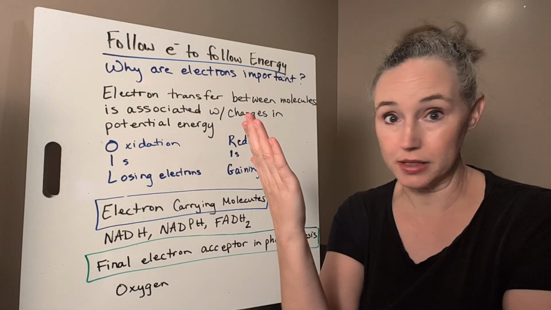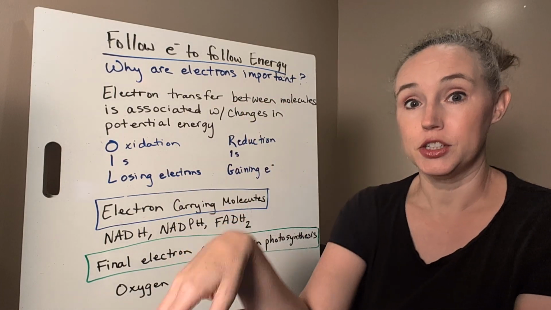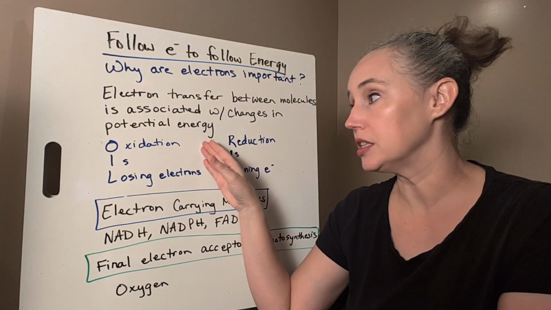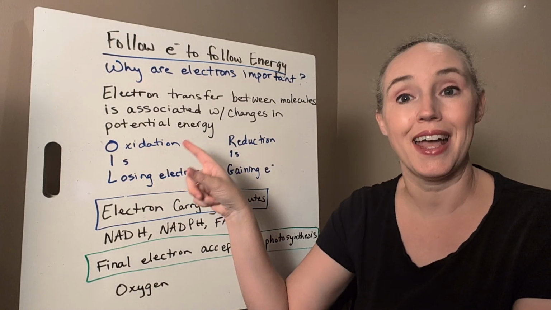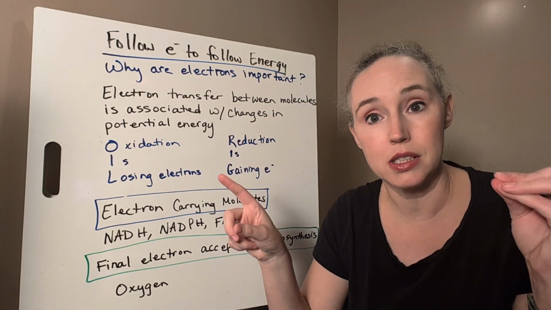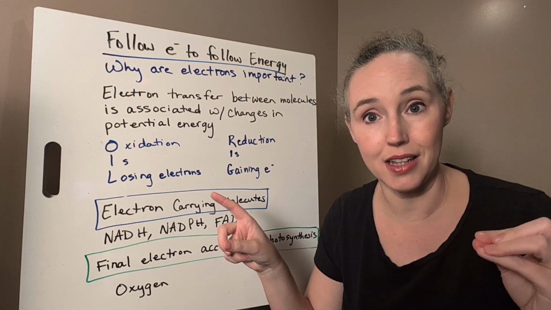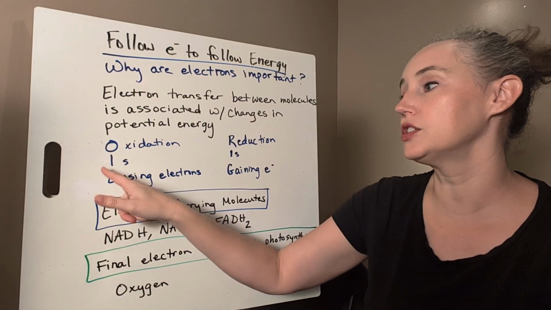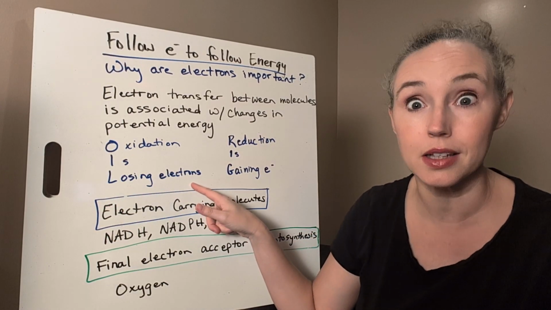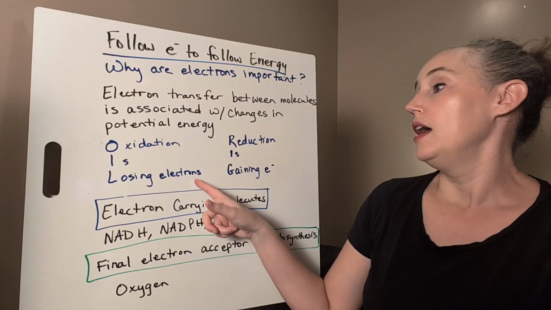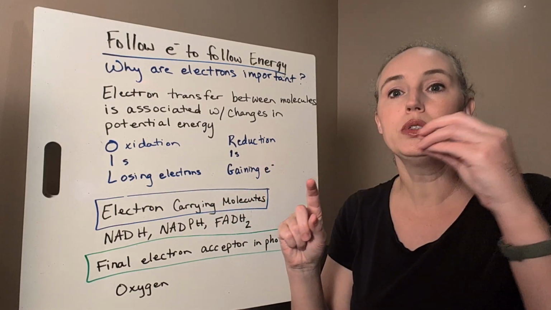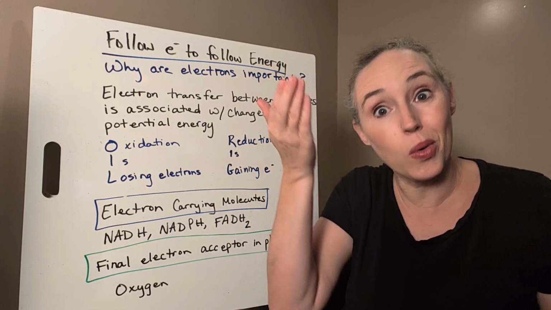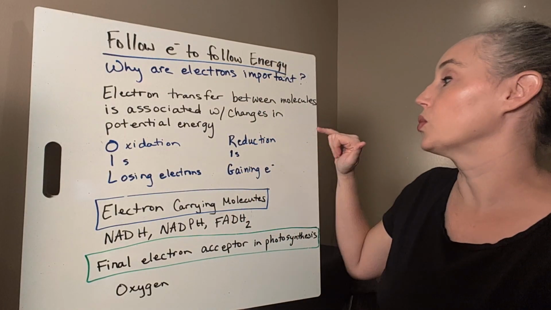Now, flashback to chemistry: oxidation and reduction. Oxidation is when an atom or molecule loses an electron. So, OIL RIG, OIL: Oxidation Is Losing electrons. That's what we're losing. And so if you lose a negative thing, then you become more positive, right?